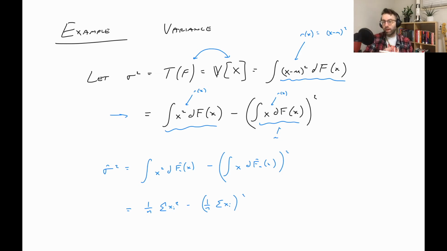And then with a little bit of algebra, we could show that this is equal to 1 over n sum of the xi minus x bar squared. And what you might notice is that this is not equal to 1 over n minus 1 sum of the xi minus x bar squared, which we would often call the sample variance.